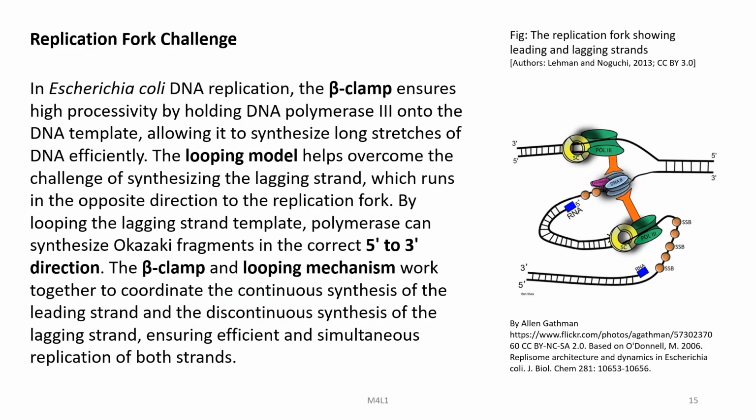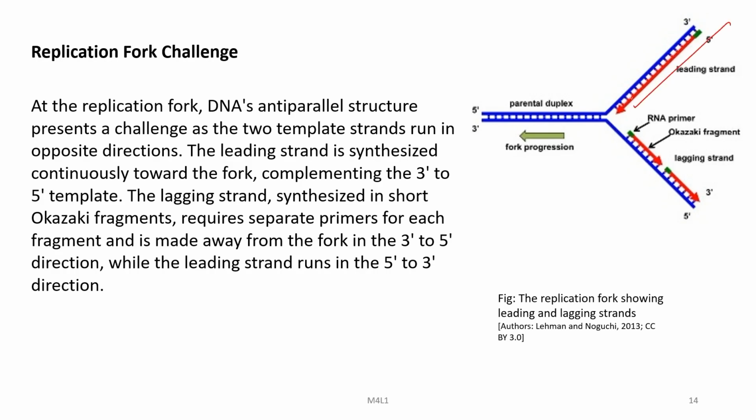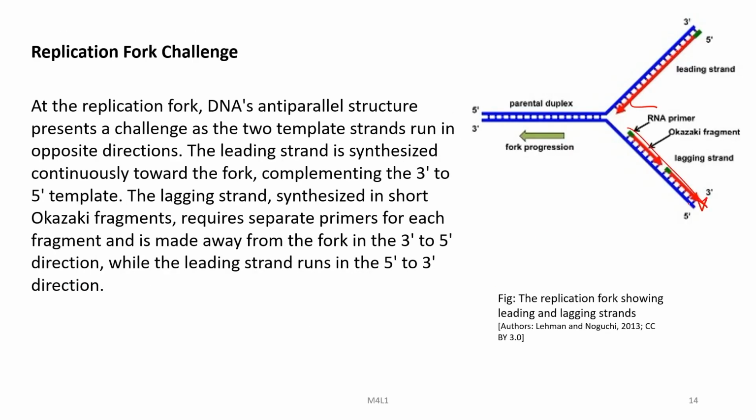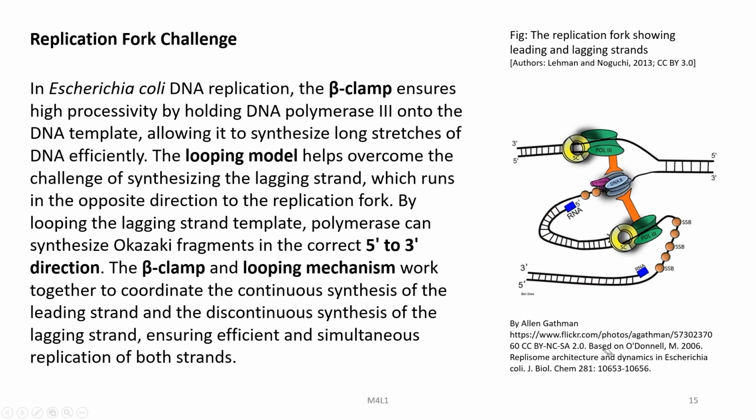But what you need to remember is that the leading strand replicates towards the fork center, and in the lagging strand there is some kind of looping and it is not as straight as this. However, the Okazaki fragments and other things will all be present in this model as well.